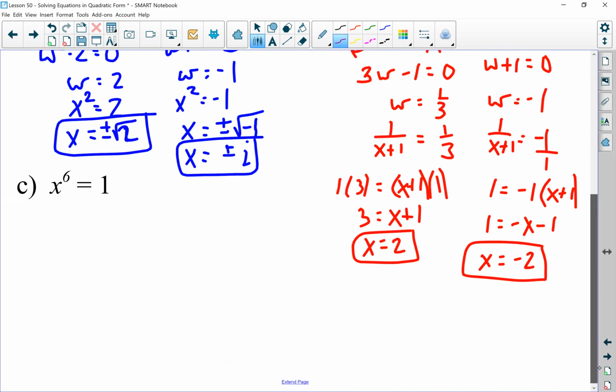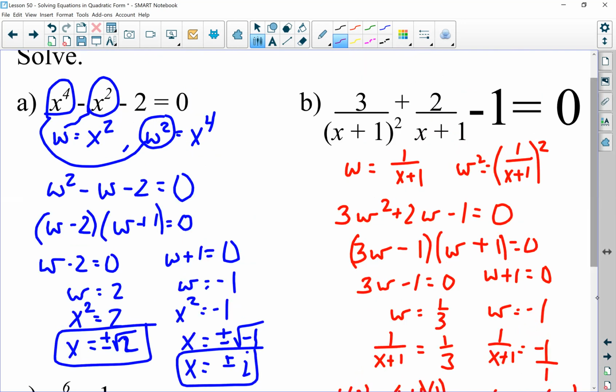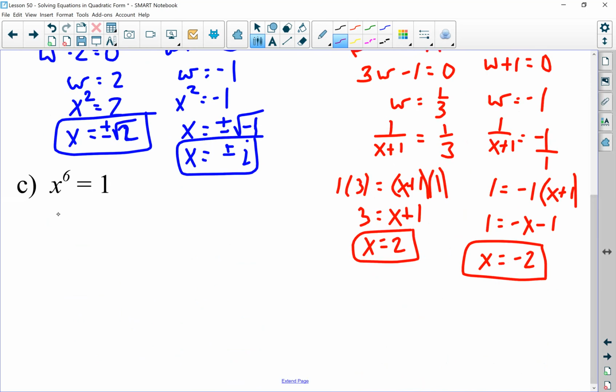All right, last one. First thing I'm going to do is subtract 1. So I get x to the 6th minus 1. That doesn't look very quadratic.